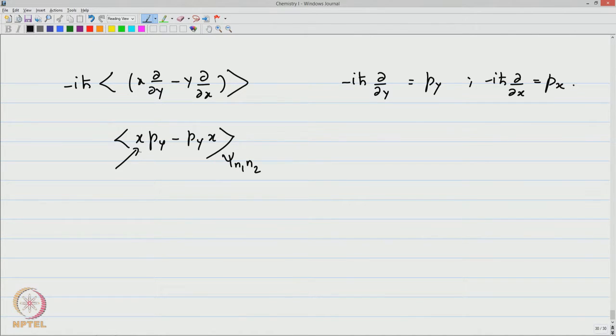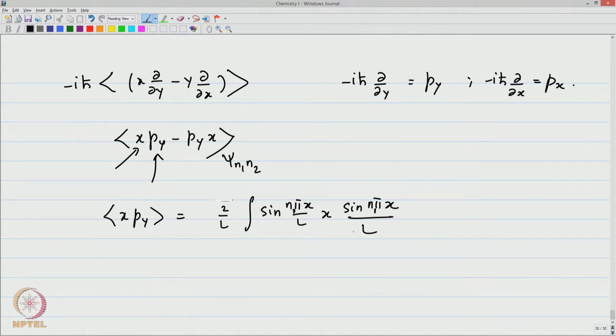You see that this is x only, this is y only. Therefore, the first term x P y will be 2 by L sin n1 pi x by L times the momentum operator acting on sin n1 pi x by L, dx.